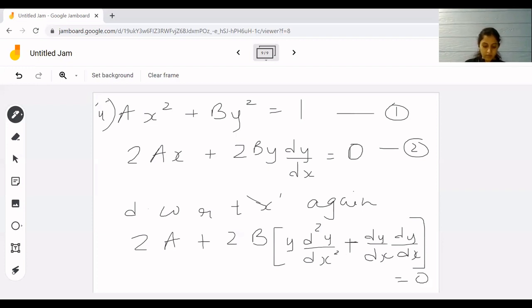Therefore we'll get an equation in a and b.